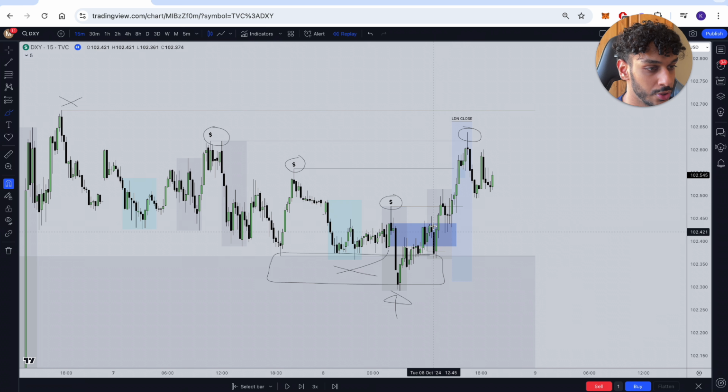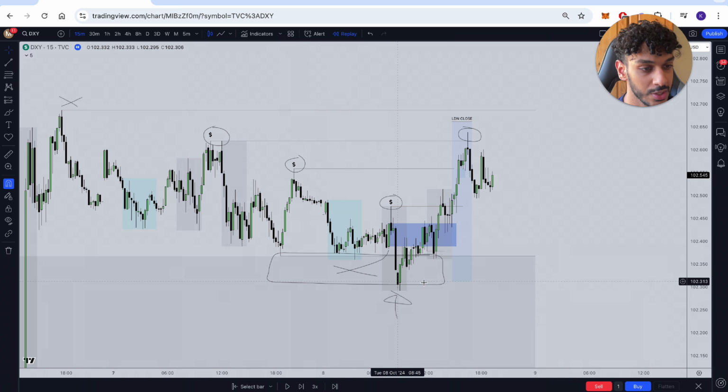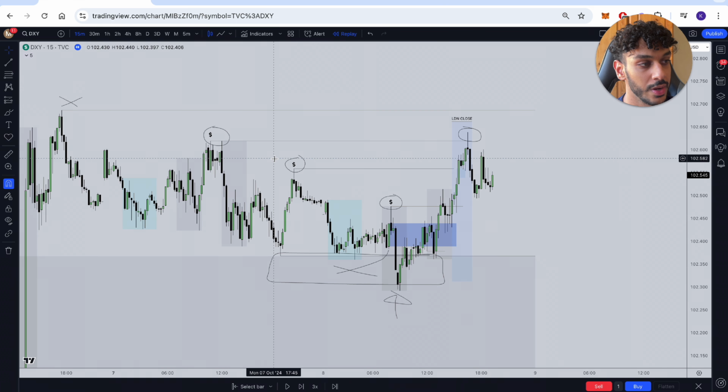Again, just looking to get on side with a fair value gap or your breaker or propulsion block, mitigation block. It really doesn't matter. OTE, right? You could just have your OTE from low to high. Boom. It really doesn't matter how you want to enter. The important part is understanding where smart money got in and where they're looking to offload their positions.